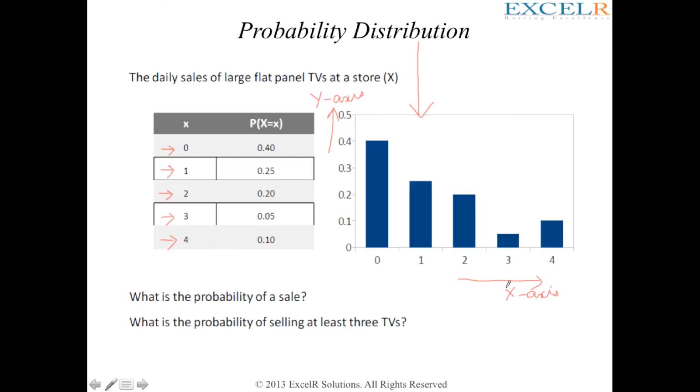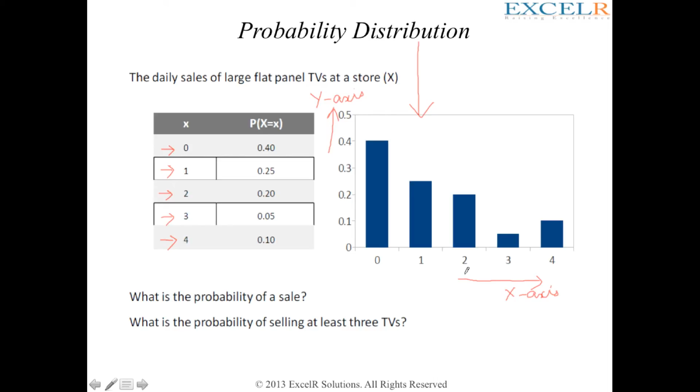Simple. And if you're trying to plot number of television sets sold on the x-axis, which is discrete in nature, number of television sets sold can be 1 or 2. It can never be 1.5. Remember, if you can represent something in a decimal format, it is continuous data.